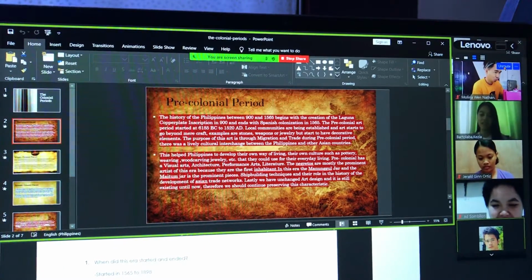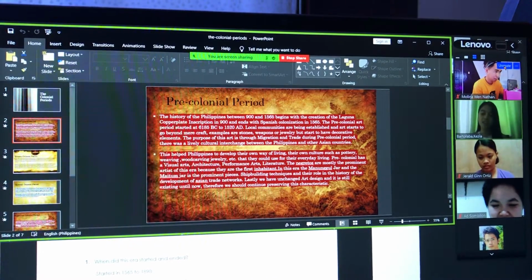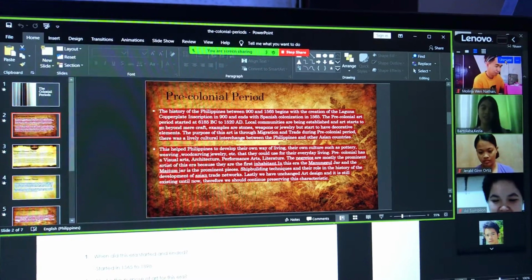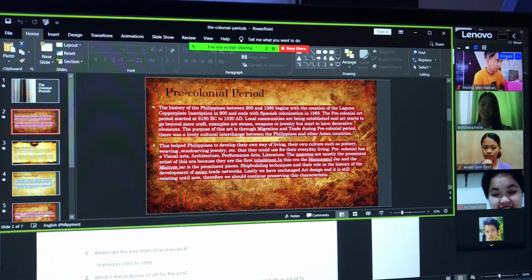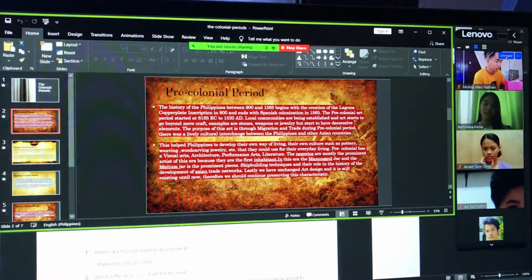The classifications of this art are visual art, architecture, and performance art, and the prominent artists of this era are the Negritos, because they are the first inhabitants here in the Philippines.